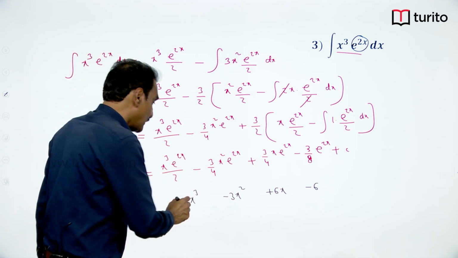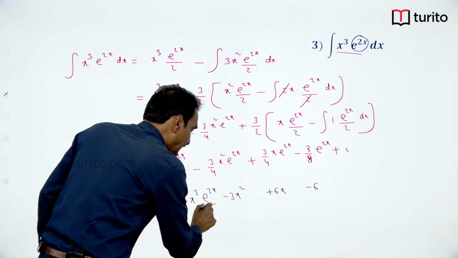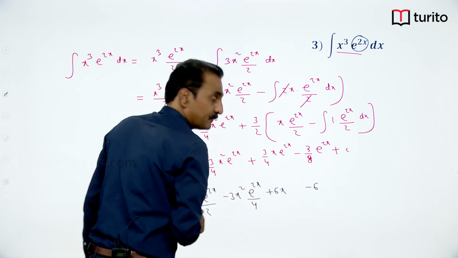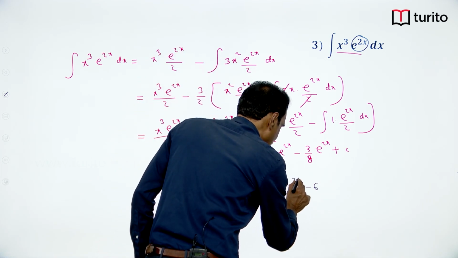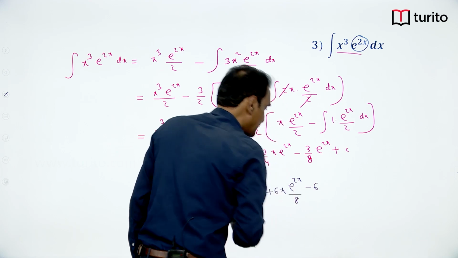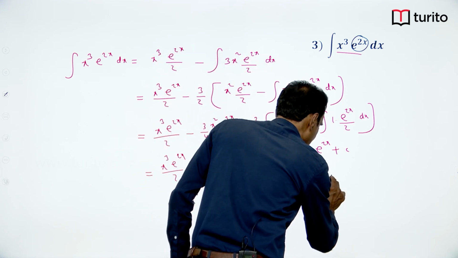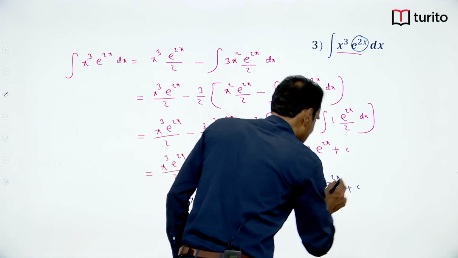What is the integral of e power 2x? e power 2x by 2. Again integrating e power 2x by 2, you will get e power 2x by 4. Again integrating, e power 2x by 8. Again integrating e power 2x by 8, you will get e power 2x by 16 plus c.